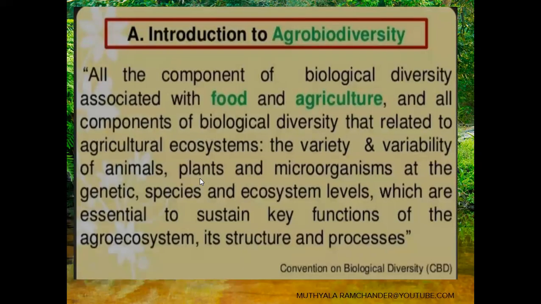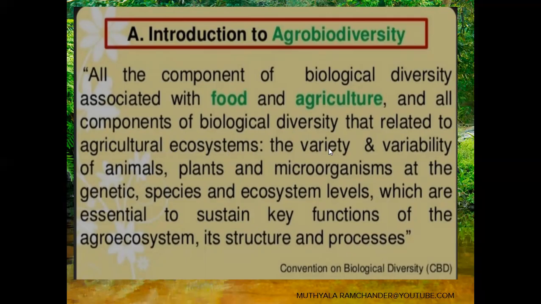First, we discuss the introduction to agrobiodiversity. Introduction means all the components of biological diversity associated with food and agriculture, and all components of biological diversity related to the agricultural ecosystem.